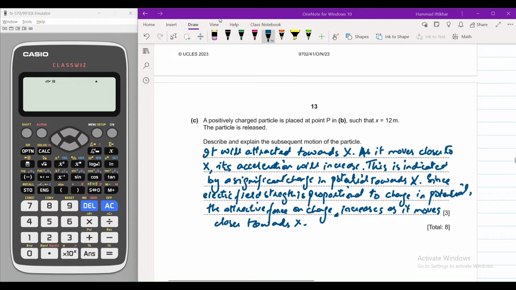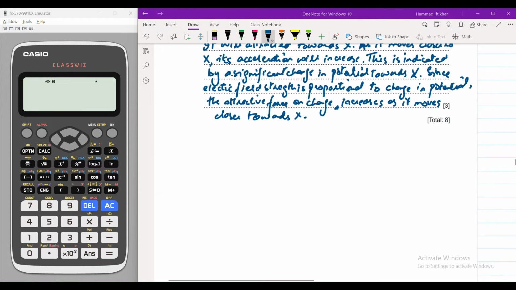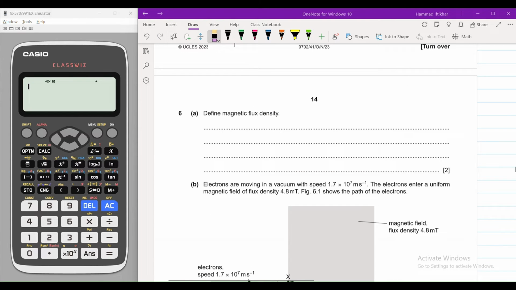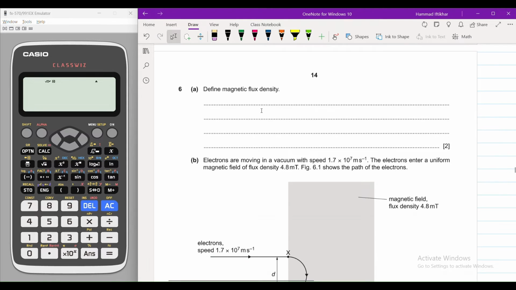Okay, all right, moving on. Question number 6, define magnetic flux density. So we can use the F over IL formula over here.